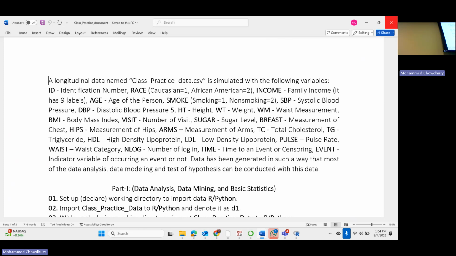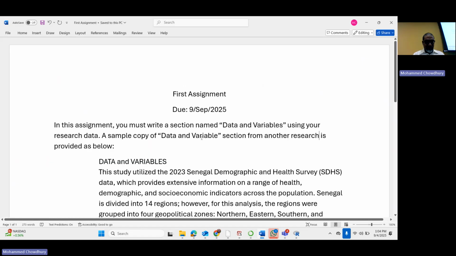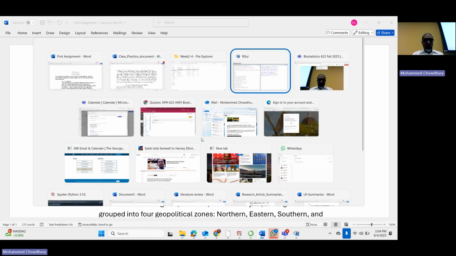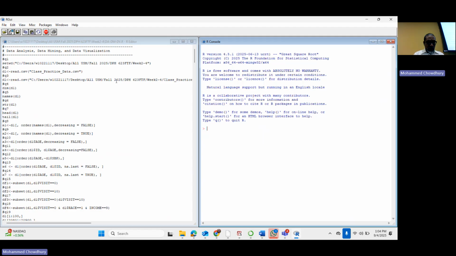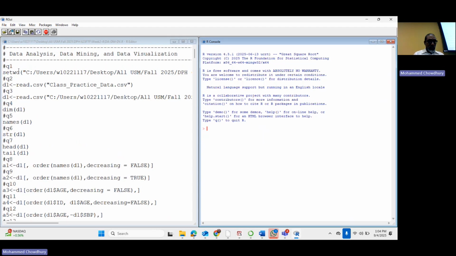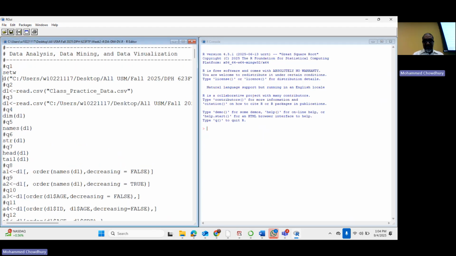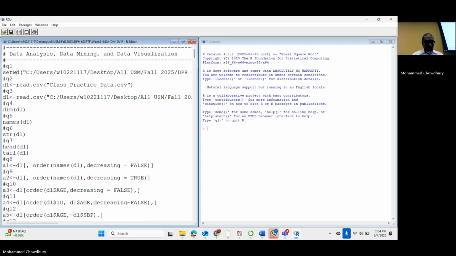So what do we want to do first? Set up the working directory to import the data. So the first line of code is called set working directory, setwd. Are you seeing it?